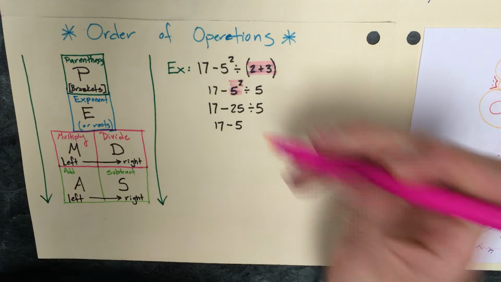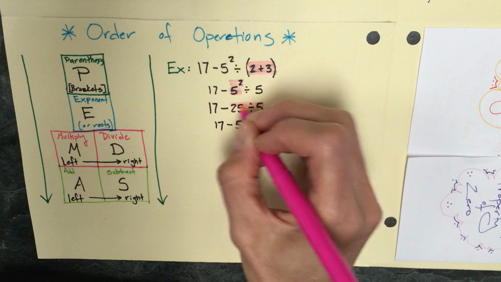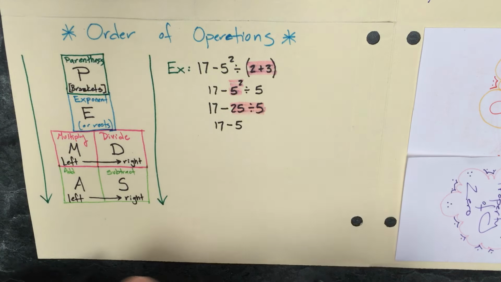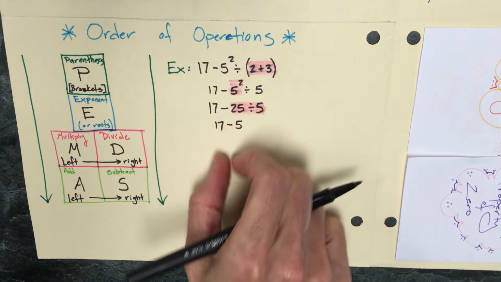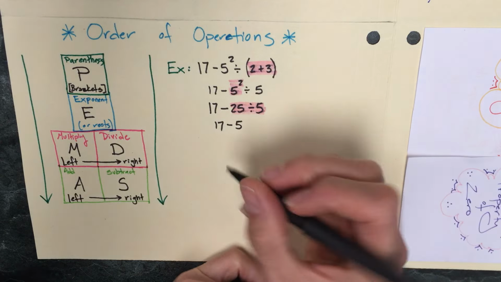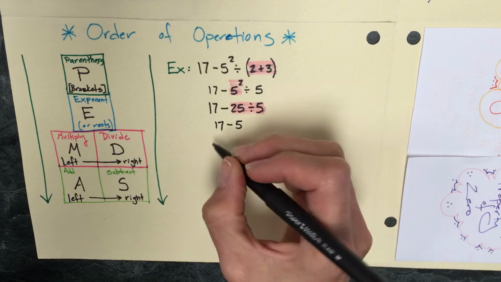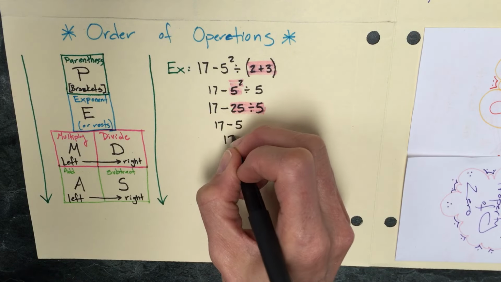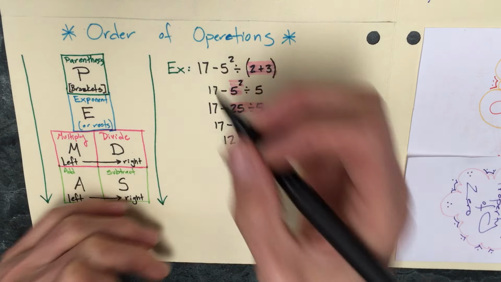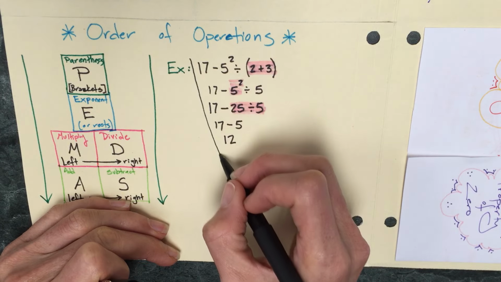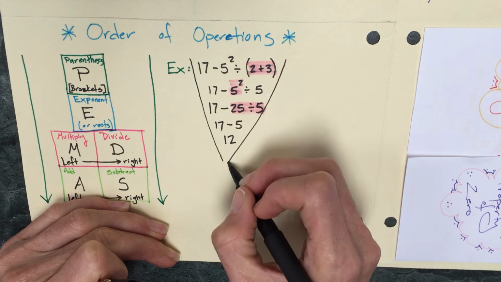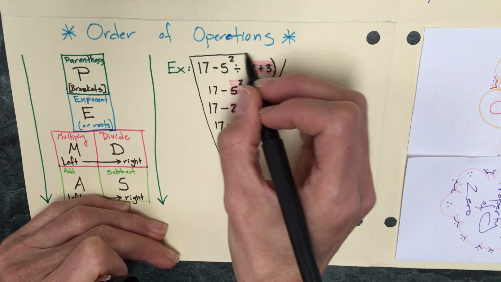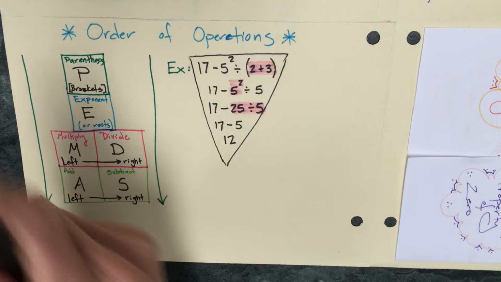I'm going to highlight what we just did. Gosh, it's like a Dorito. It's getting the shape of a Dorito. All right, and then last, I just have to subtract those 2. 17 minus 5 is 12. And that's it. It's like a Dorito. Look it. It's making me hungry. It got simpler and simpler.